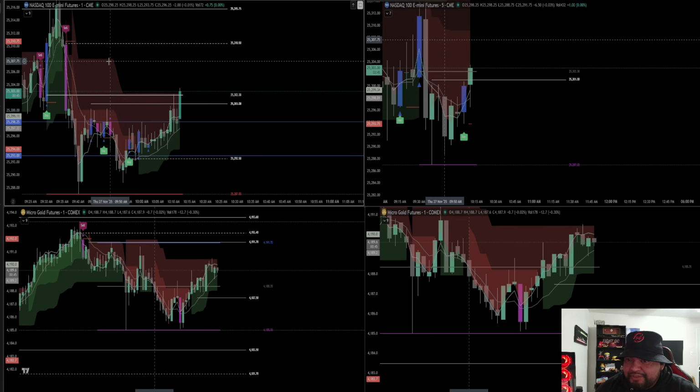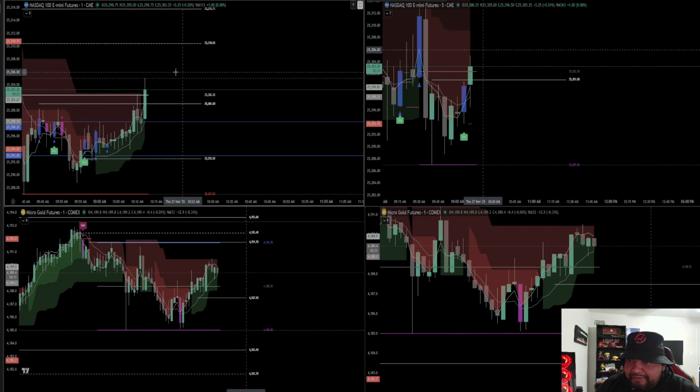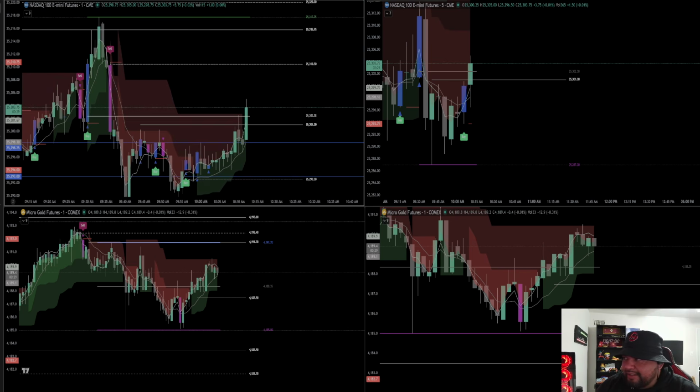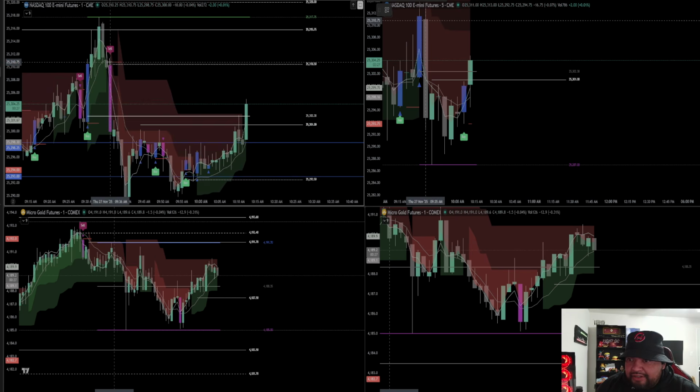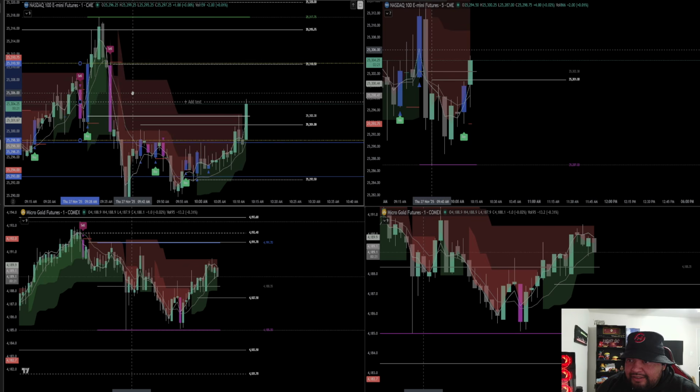All right, there's more push. Oh, there it goes. There's the challenge of that candle right there. There's the 50% retracement. Remember? Let's draw out the line on this. Let's see where the 50% retracement on this candle is. Oh, look right there. It already did it.